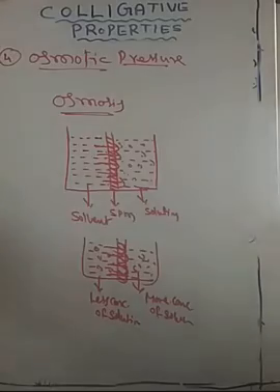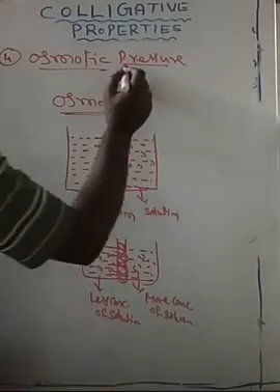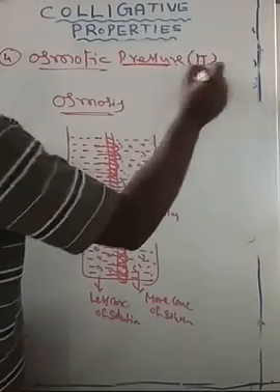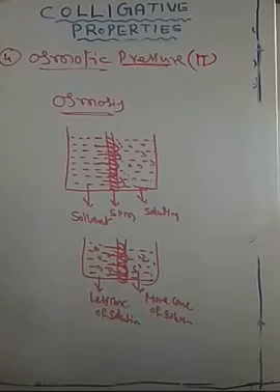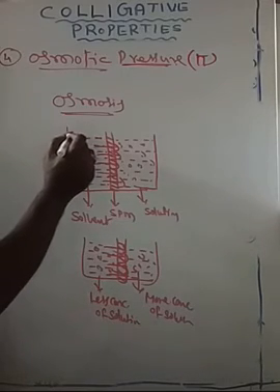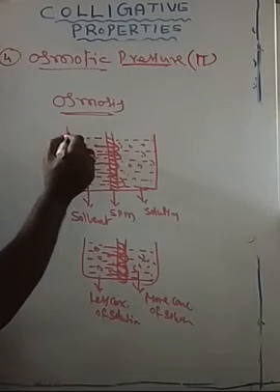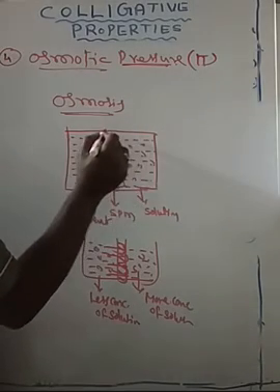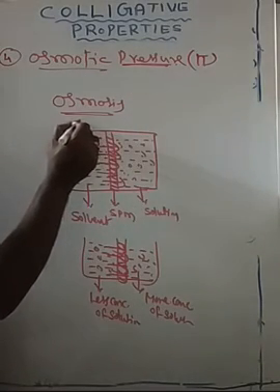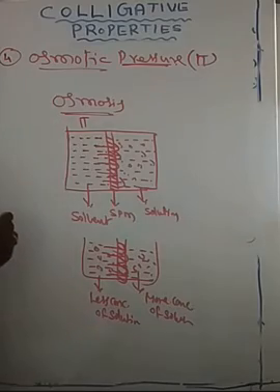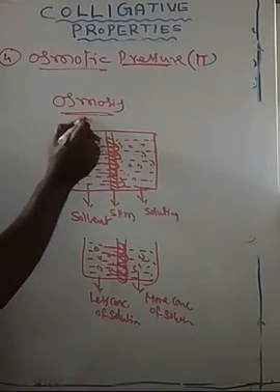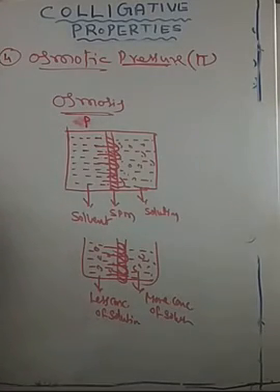Now we discuss osmotic pressure, which is denoted by the symbol pi. What is osmotic pressure? Using the solvent and the solution, suppose the pressure is P, atmospheric pressure.